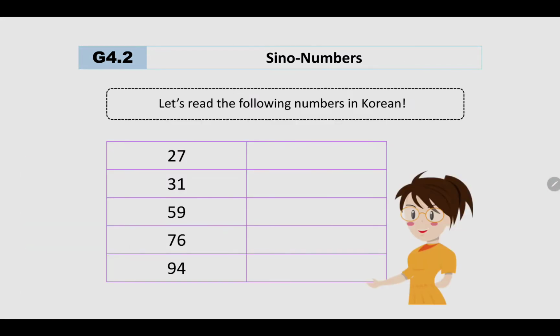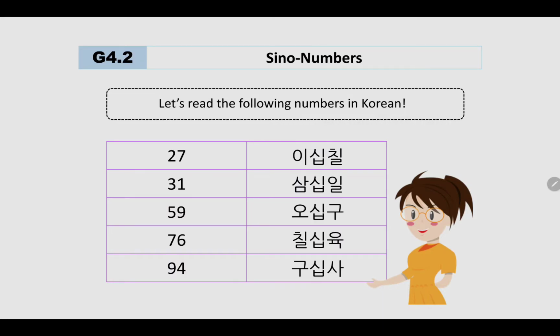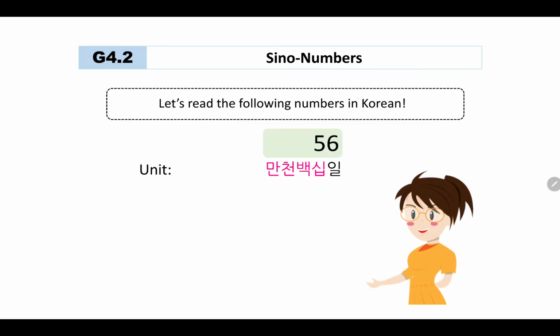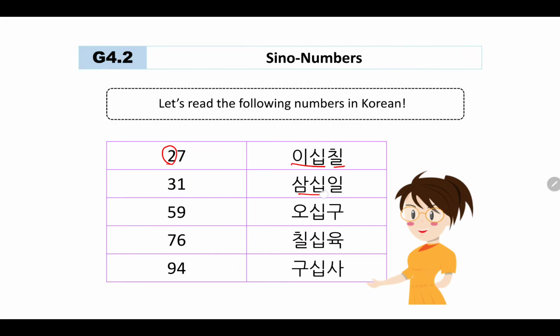Now that we have learned how to read beyond number 10, let's read these numbers. Because there are two tens, we say 20, and then just say the ones, 7. There are three tens, 30, and then you just say the one, 31.